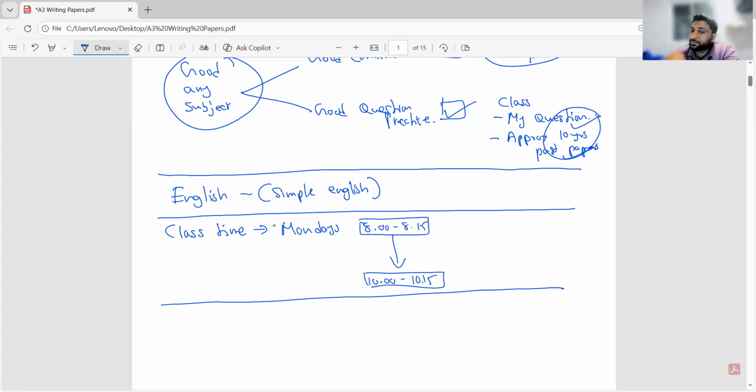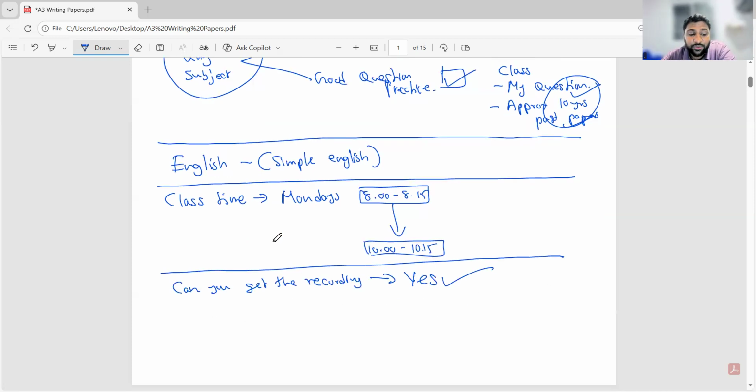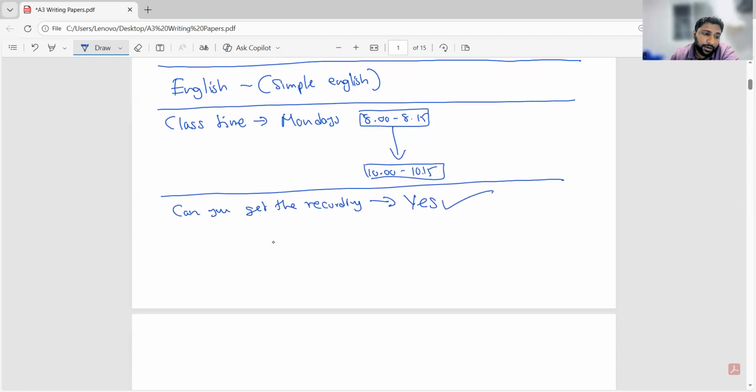So suppose you miss a class, can you get the recording? The answer is yes. If you miss a class, you can get the recording. Okay. What about the tutes?